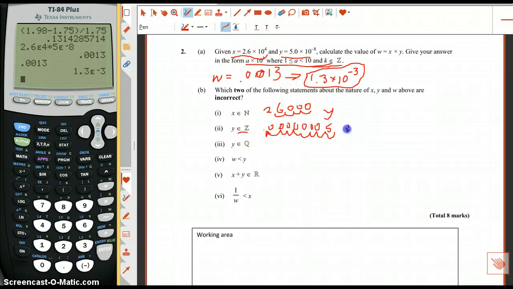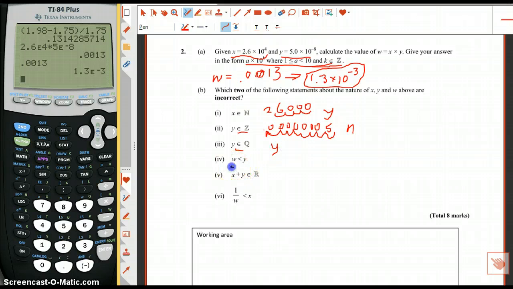Of course not. Integers are whole numbers, positive or negative. Okay, y is an element of the rational number set. Well, let's see. The only things that aren't rational numbers are like square roots of non-perfect squares and what else? Pi or e. So y is a very small number, but it's not an irrational number. So yes, it's a rational number.